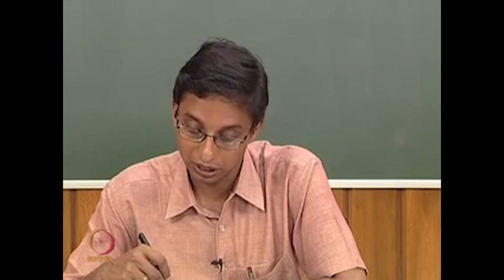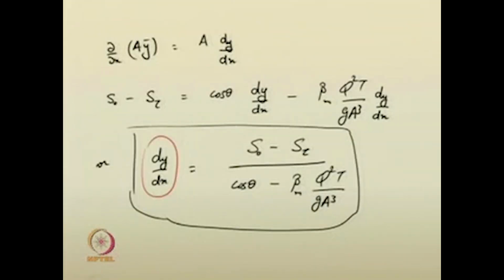In gradually varied flow, we suggested that the depth of the water decreases or increases gradually as it flows from upstream to downstream. That change in the depth of the water surface is signified by this particular quantity dy by dx. So, it also signifies the change in slope of the water surface. That quantity is obtained by the following relationship.